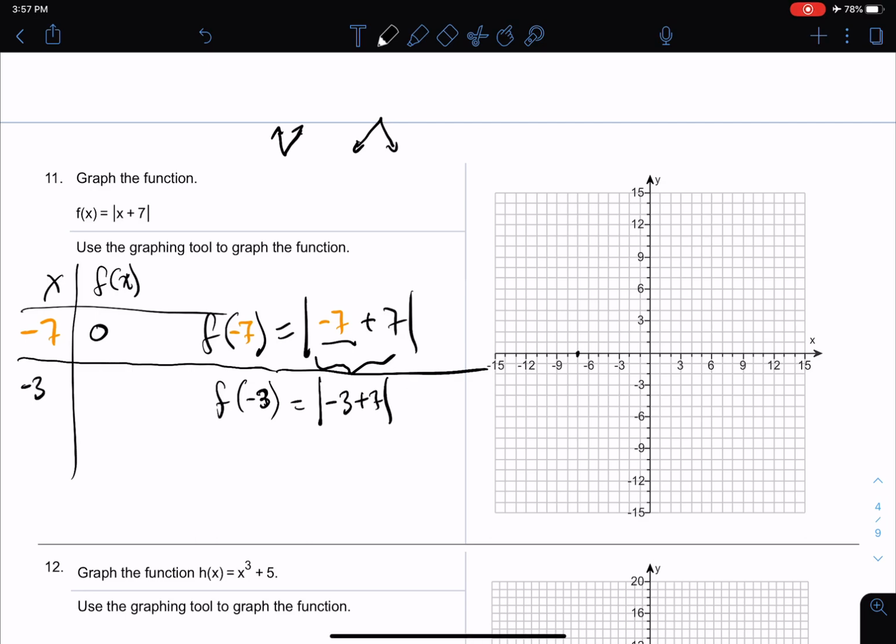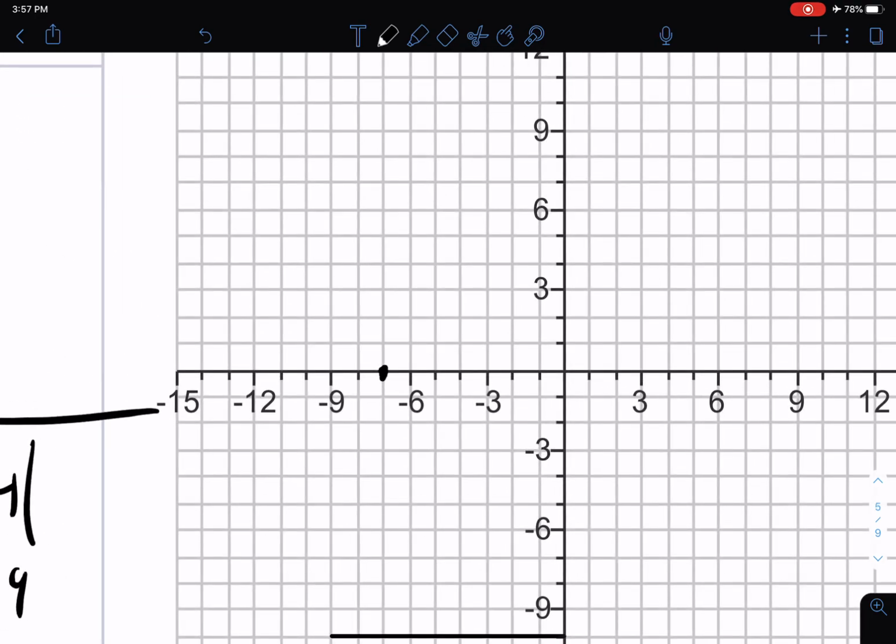So now do that operation. -3 plus 7 is going to give me 4, and the absolute value of 4 is 4. So I end up getting this -3, comma 4. So negative, let's zoom in, -1, 2, 3 right here, up 1, 2, 3, 4.